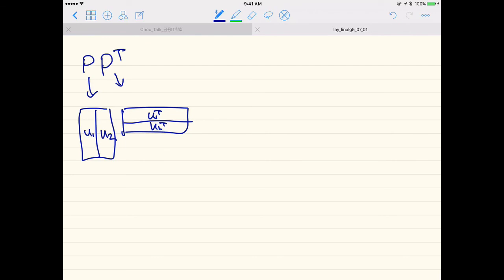So this matrix, we learned some behavior of it. What was the behavior? If we multiply this by some vector x, what does that do? What is the role of that transformation?